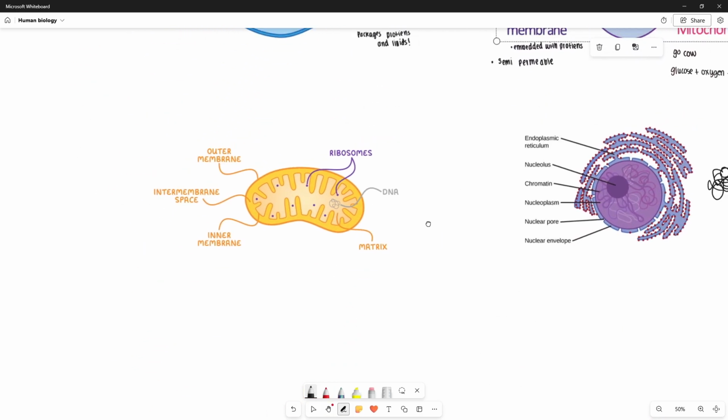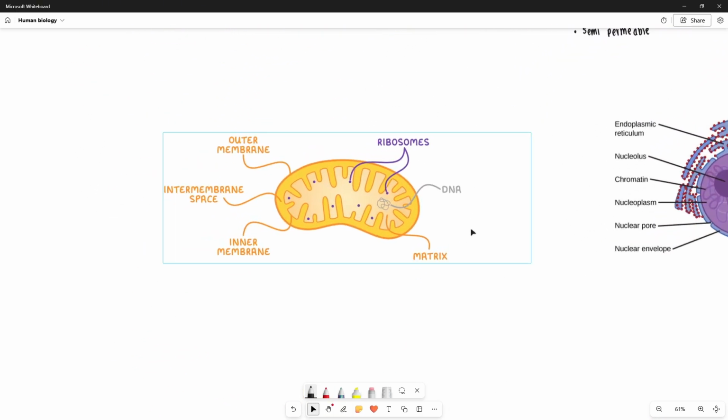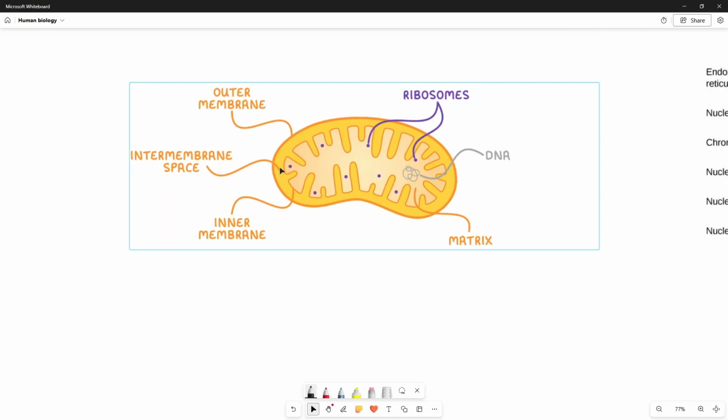Now, the last thing I want to go over is the structure of mitochondria. Some important things that you need to know: they have a double membrane.